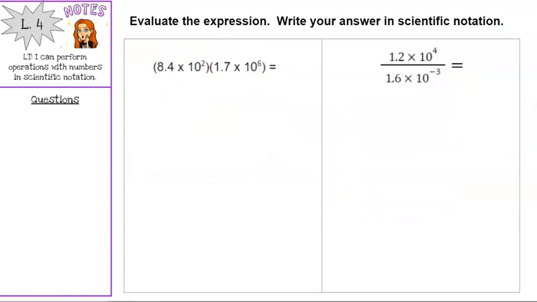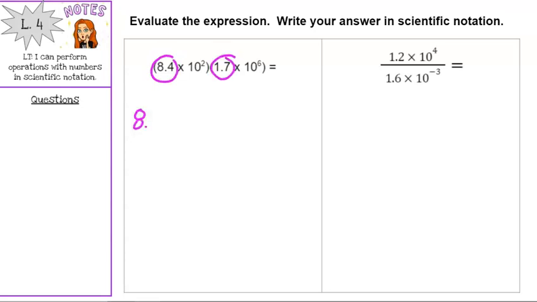2 more examples. And this time we're going to add one extra step at the end. So first, we're going to try 2 more examples. We have 8.4 times 10 to the 2nd times 1.7 times 10 to the 6th. So again, we're going to multiply our like pieces.